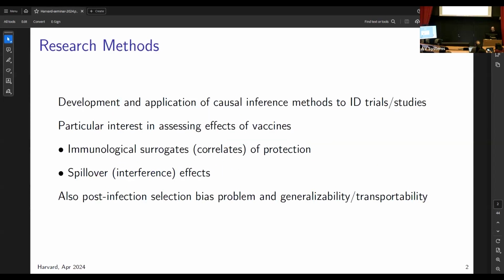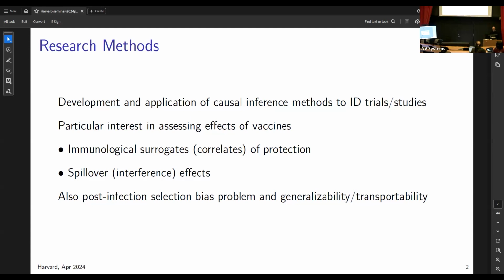So our group in general is interested in the development and application of causal inference methods to infectious disease studies, which I think is near and dear to the heart of many of you all. We think about both trials and observational studies. We mostly focus on preventative studies and less on treatment trials or treatment studies.